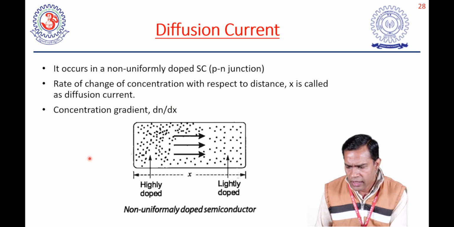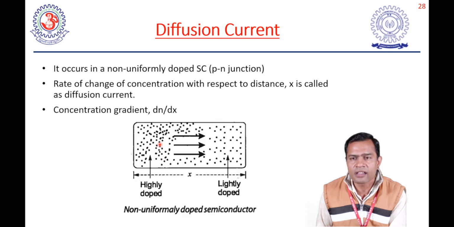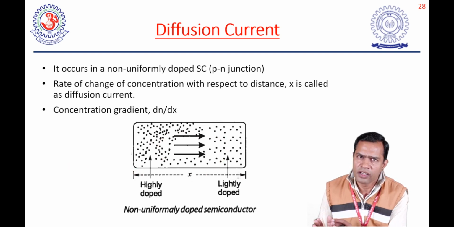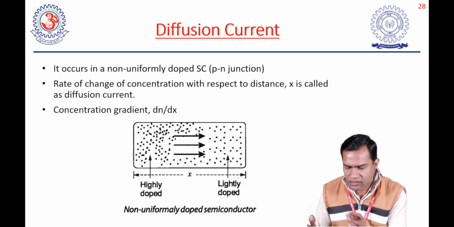Here you can see highly doped, or the number of carriers is more, and here the number of carriers is less. So it is like a non-uniform concentration according to the distance x.